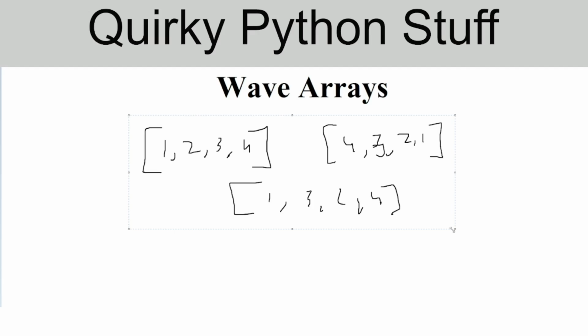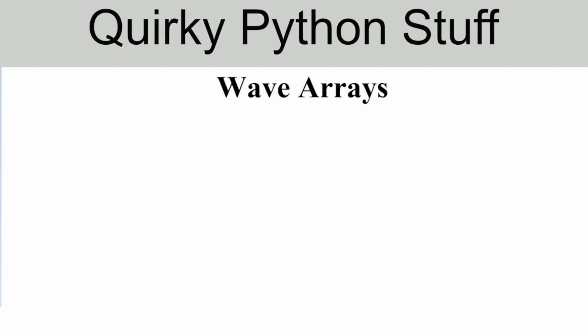But there is one more weird way to arrange arrays just for the show, which is wave arrays. Wave arrays resemble waves, as in highest value, lowest value, like that. Like in reference to two items, higher value, lower value.